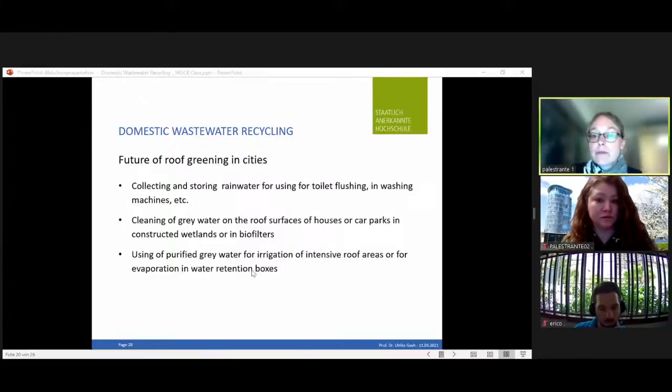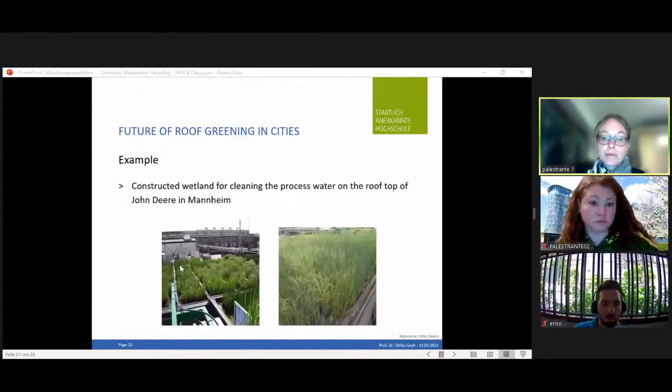For example, when you have really intensive roof areas, or also when you have big cities where you have hot summers, you can use it for evaporation in water retention boxes. So with domestic wastewater recycling, you can also work in the field of blue-green city approaches for cities.